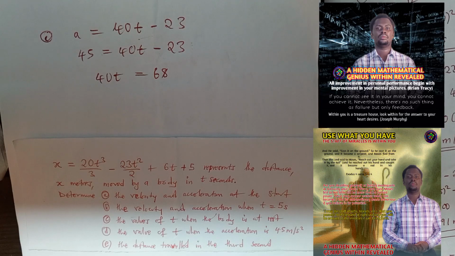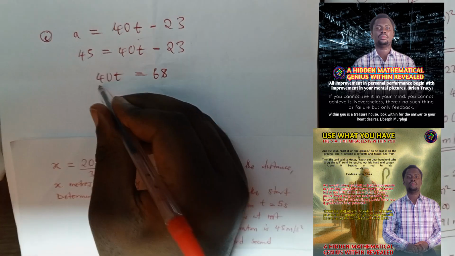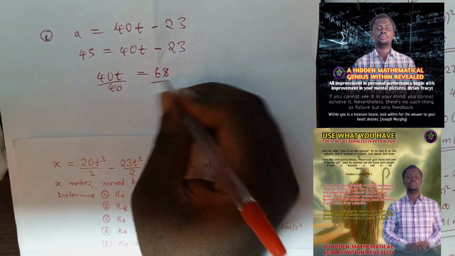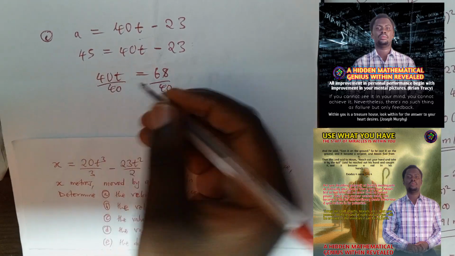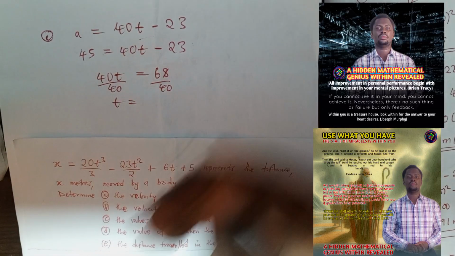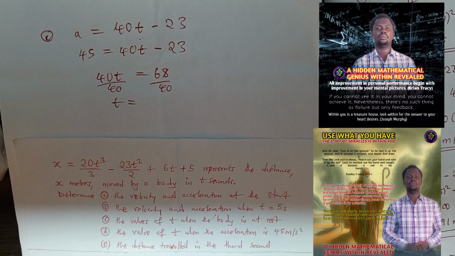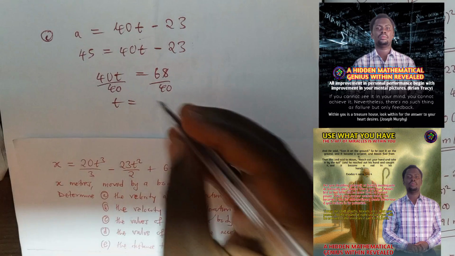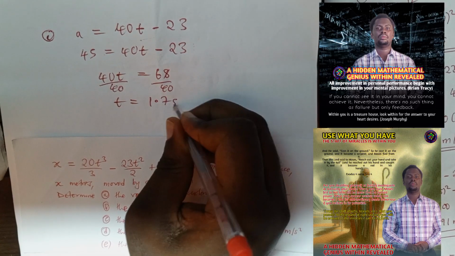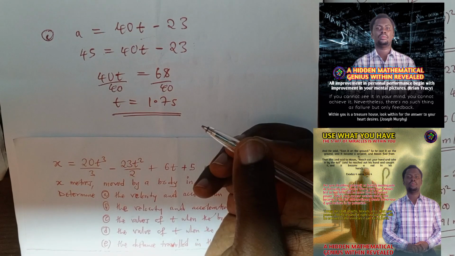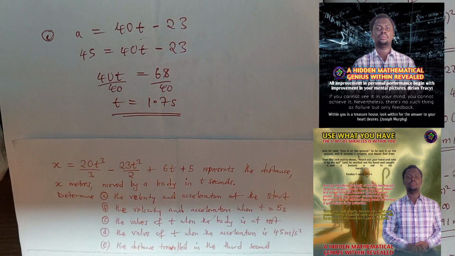Then for us to remain with t, we divide both sides of the equation by 40. So 40 and 40 cancel out. t is equal to 68 divided by 40. 68 divided by 40, you get 1.7. So we have 1.7 seconds. So that is the value of t when acceleration is equal to 45 meters per second squared.